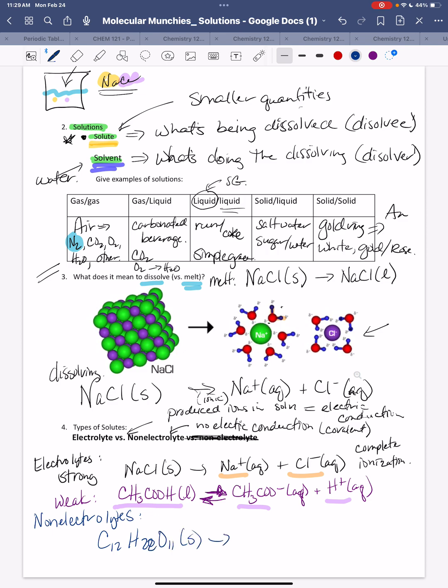We put that in solution, and guess what? No ions. It just gets surrounded by the water, okay? But it doesn't produce any ions. So there are no ions here. So we get partial ionization, we get complete ionization, and we get no ionization. And so this is a non-electrolyte.